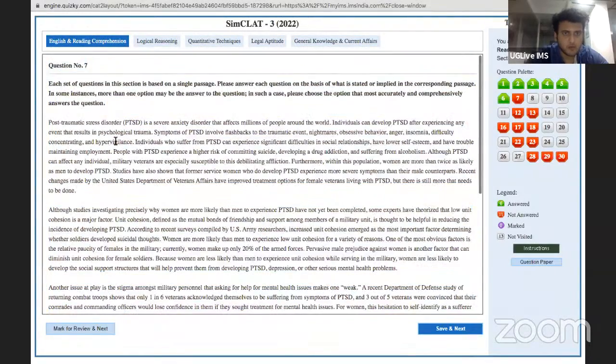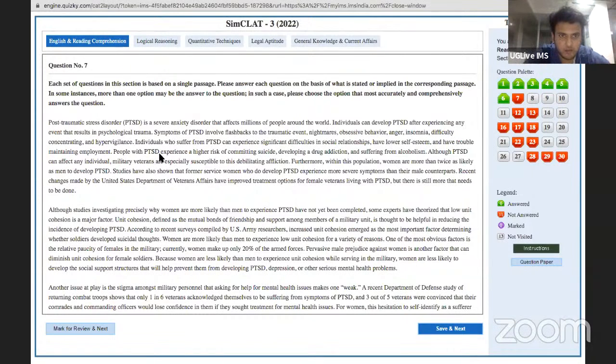पहले क्वेश्चन पढ़ते हैं. Primary purpose of this passage. PTSD affects millions of people around the world. Individuals can develop post-traumatic stress disorder after experiencing trauma. Symptoms involve flashbacks of the traumatic event, nightmares, obsessive behavior, anger, insomnia, difficulty concentrating, and hypervigilance. Individuals who suffer from PTSD can experience significant difficulties in social relationships, have lower self-esteem, and have trouble maintaining employment.